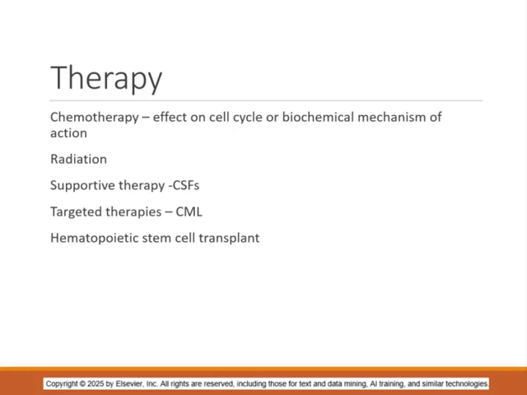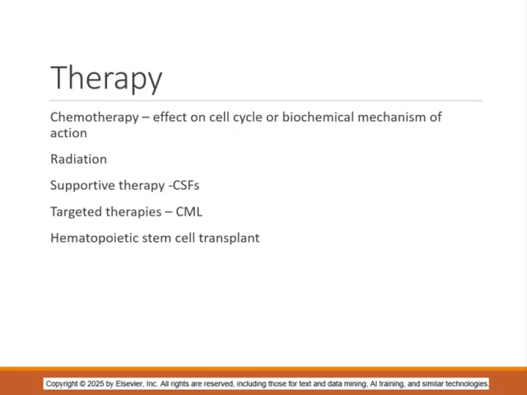So there are different types of chemotherapy that can be given. Radiation is another one that can be done. That's very big in lymphomas when we have solid tumors. But radiation can also be given to a patient that's going to have a stem cell transplant, because they will radiate the entire bone marrow, kill everything, and then infuse stem cells into the patient so it can receive the bone marrow.